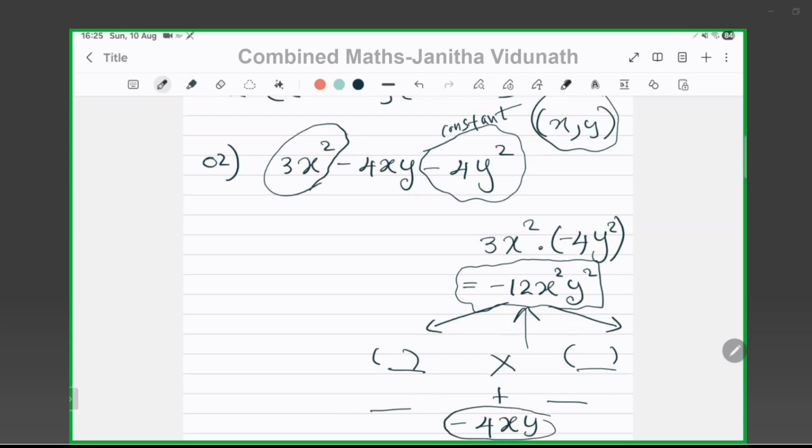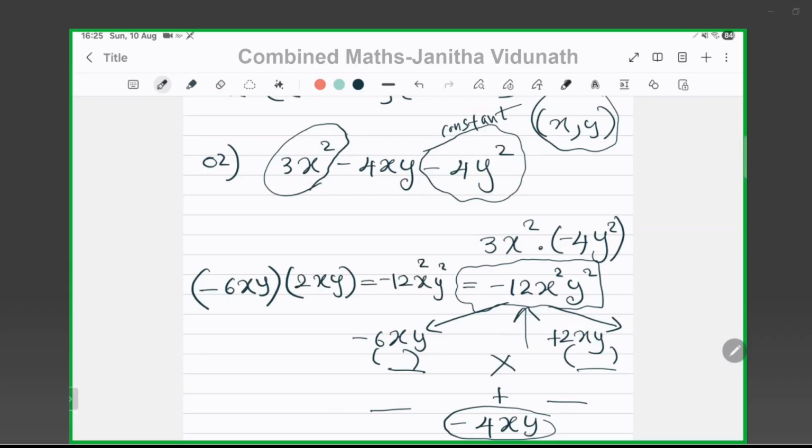Here we can simply observe those two terms as minus 6xy and plus 2xy. By multiplying those two terms, we get minus 12 times x square y square, and adding those two terms, we get minus 4 times xy.